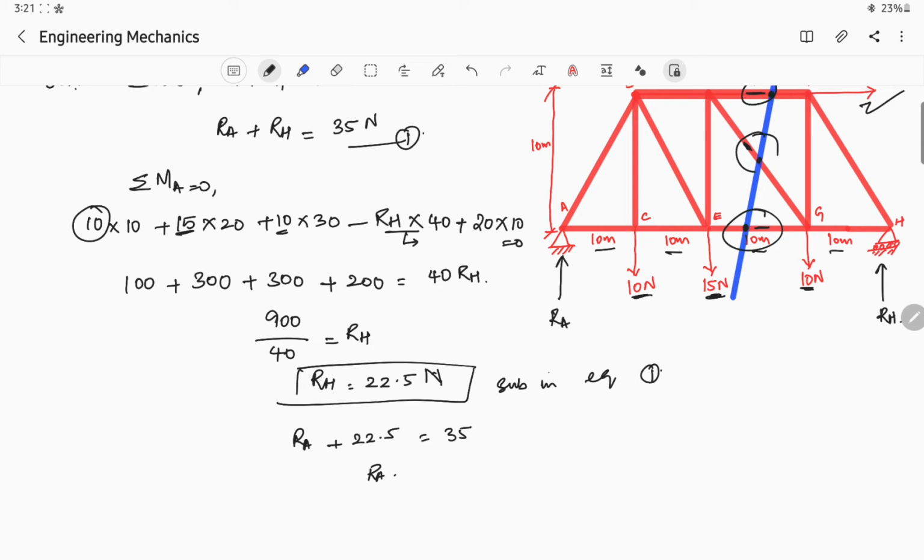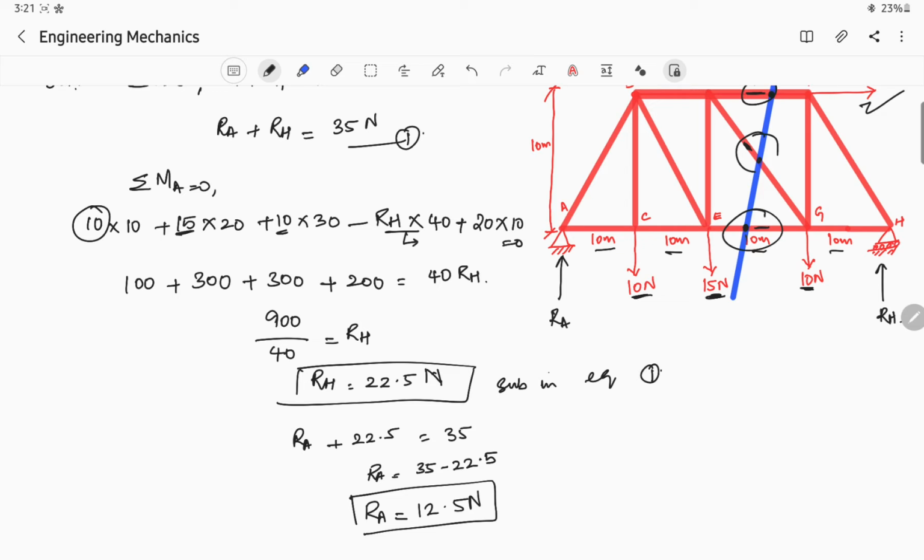That implies RA is equal to 35 minus 22.5, so how much? RA is equal to 12.5. We got RA and RH.